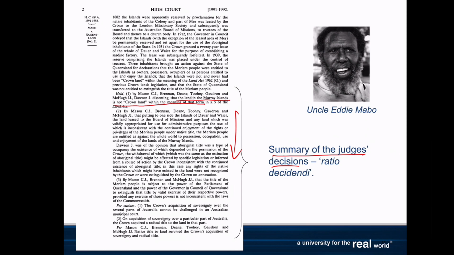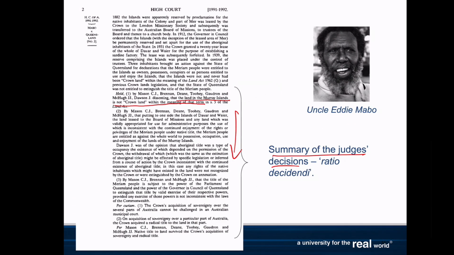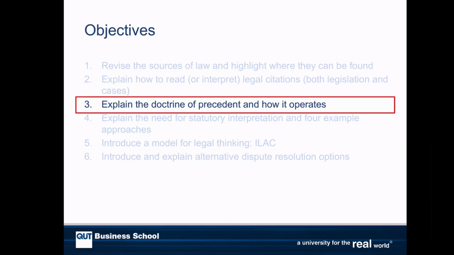Okay, so it's important to understand that this case, what's written here is the law, particularly this ratio decidendi, this judgment. This is what lawyers have to read to work out what legal principles actually are, and what non-legal principles but persuasive arguments might be, this obiter dictum. And we'll work out how that works next when we look at the doctrine of precedent.